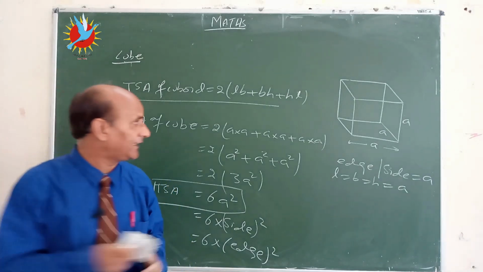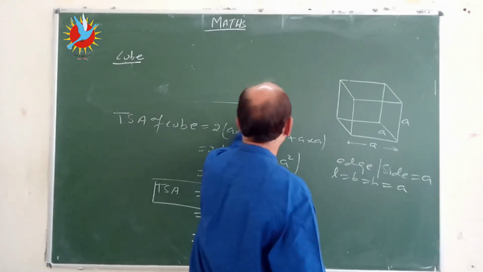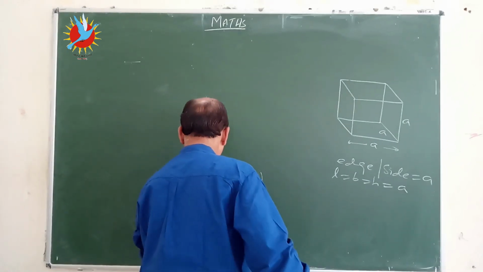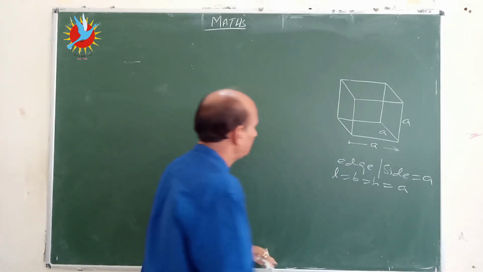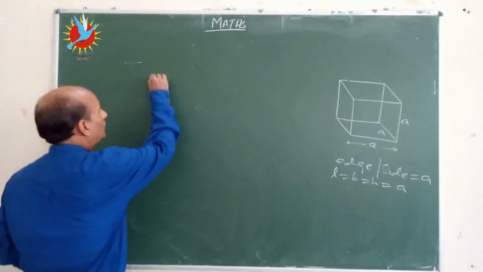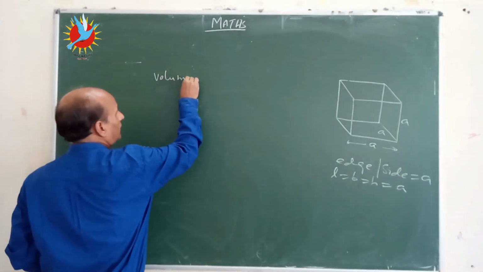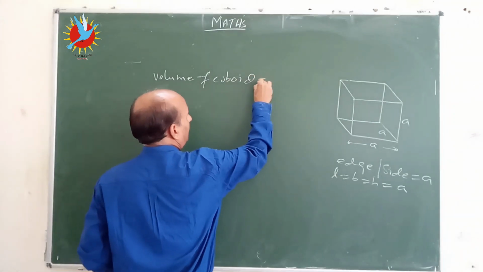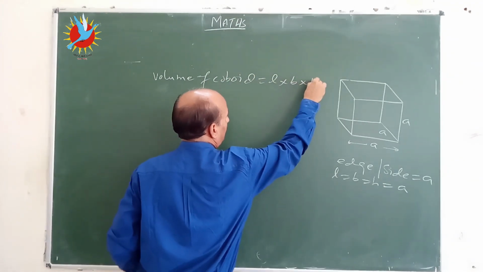If we want to find the volume of the cube, then the volume of a cuboid is length into width into height.